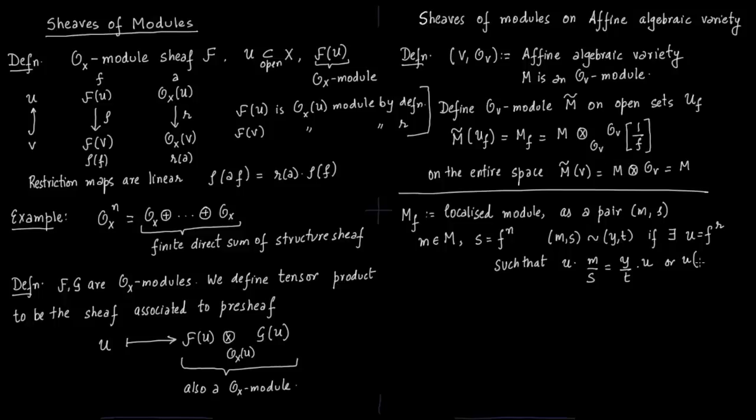Or you just multiply both sides by st and bring everything to the left hand side. So why do we introduce u? We introduce u because we are worried that the denominator s or t might become 0 in certain cases, and that might happen if O of V is not an integral domain or M is not torsion free.